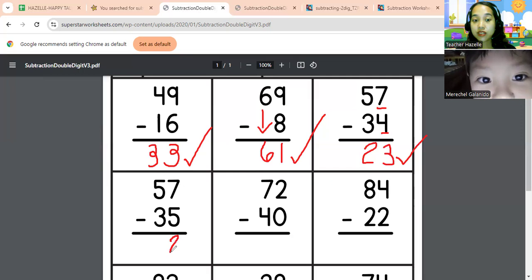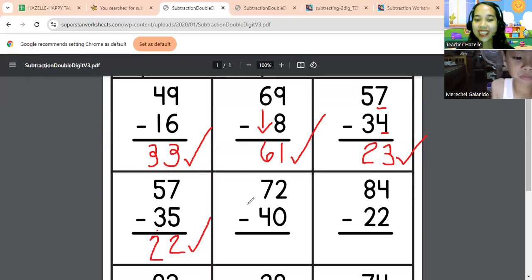And then 5 minus 3 equals? 2. Very good. What's the final answer? The final answer is 22. Very good.